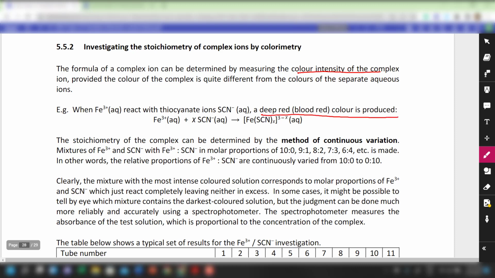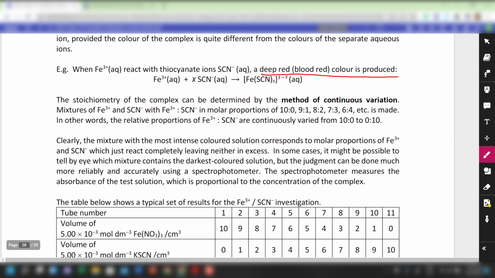What we are going to do is mix them in different proportions, for example 10 to 0, 9 to 1, 8 to 2, and all the way. We are just mixing them in different proportions, and eventually we're going to see what the actual proportion of iron 3 and thiocyanate is in their reaction stoichiometric ratio. Over here it's just 1:x, but we just want to verify that it is indeed 1:1.